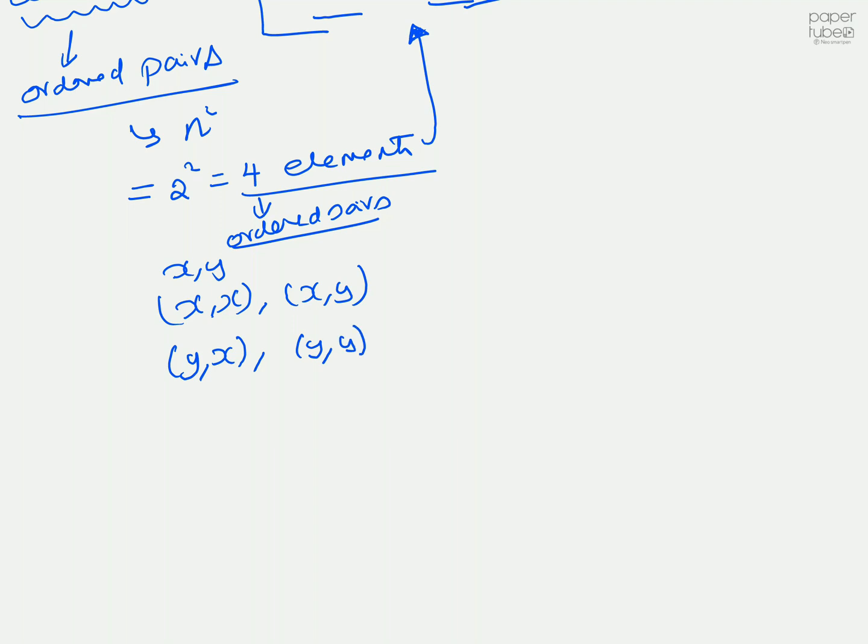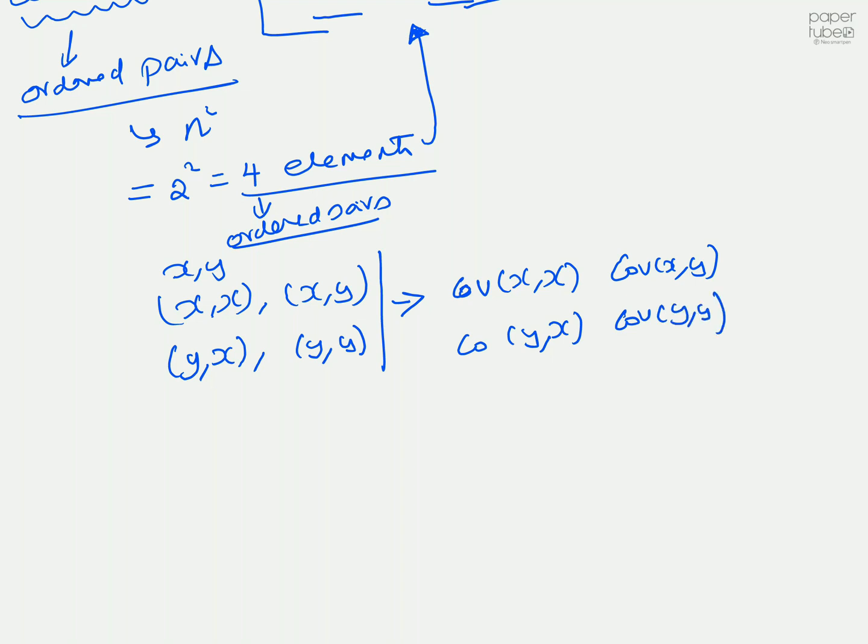So you take the covariance of each of these pairs: covariance of x comma x, covariance of x comma y, covariance of y comma x, and covariance of y comma y. These elements make the covariance of data. So this is nothing but your covariance matrix.